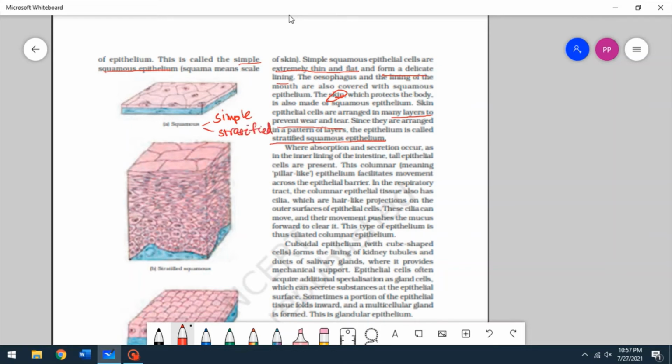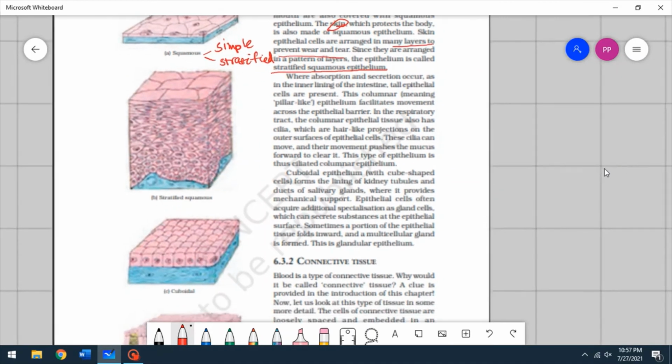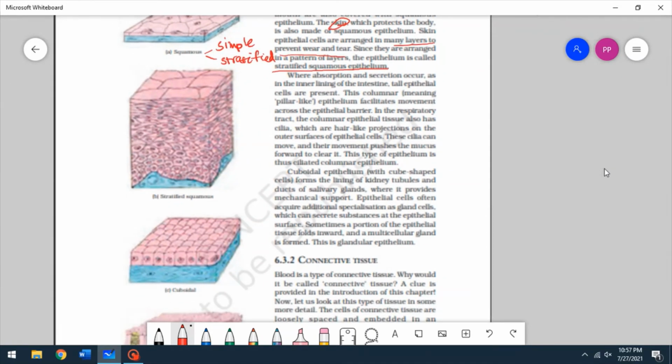Stratified. All right. And where absorption and secretion occur in the inner lining of the intestine and other such places, tall epithelial cells are present, and because they're tall, because they're pillar-like, they're called columnar epithelial tissues. All right. In the respiratory tract, columnar epithelial tissue also has cilia.